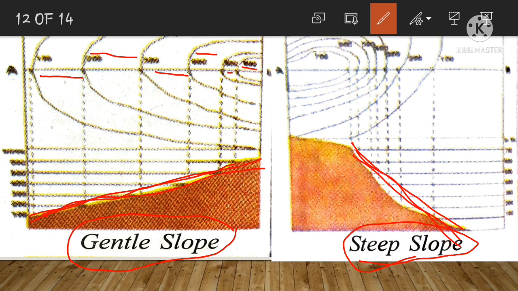The contour lines are drawn according to the height of the hill. Now observe the distance between these contour lines. It is less.